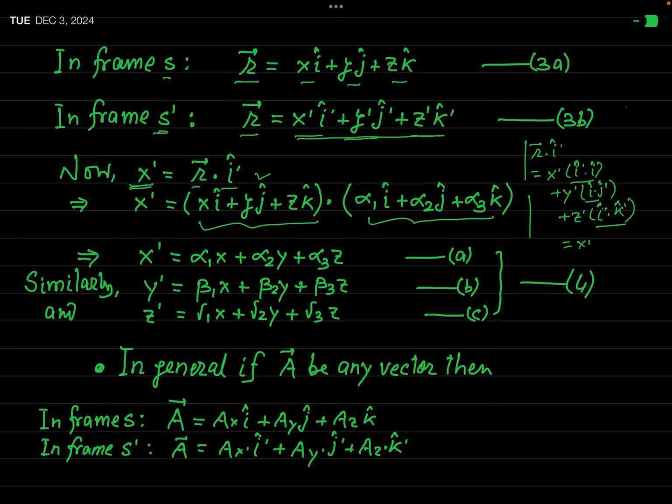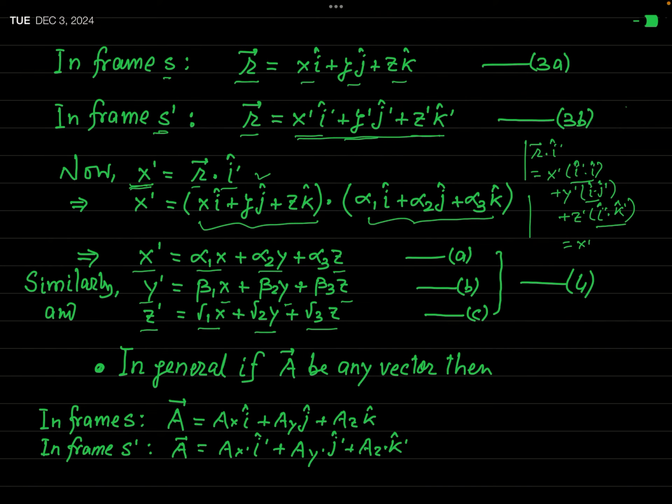So after taking the scalar product, we will get x' equal to alpha 1 x plus alpha 2 y plus alpha 3 z. In a similar manner, you can obtain y' equal to beta 1 x plus beta 2 y plus beta 3 z, and similarly z' equal to gamma 1 x plus gamma 2 y plus gamma 3 z.